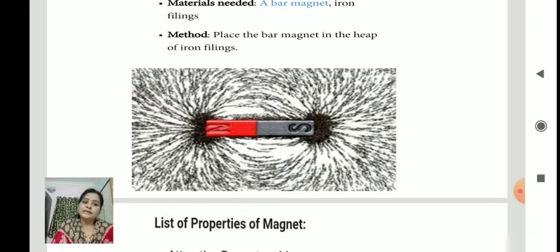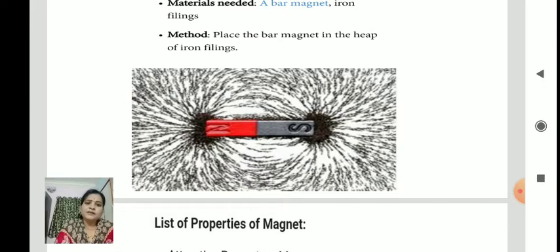So 2L is the length of the magnet and small m is the pole strength. The length of the magnet here is the distance between the two poles, north pole and south pole, which is denoted by 2L.